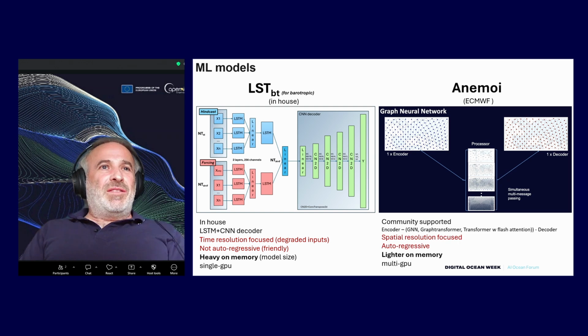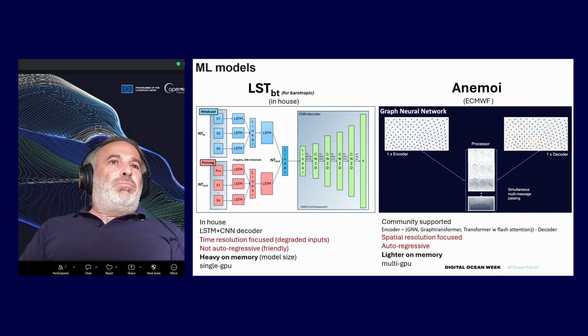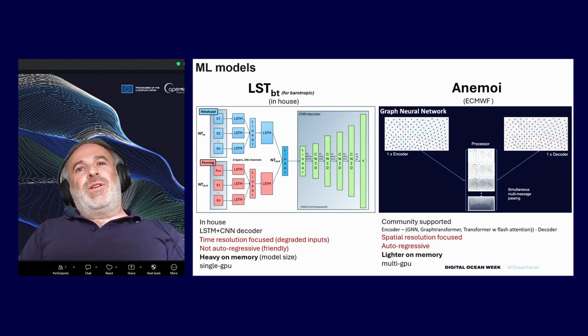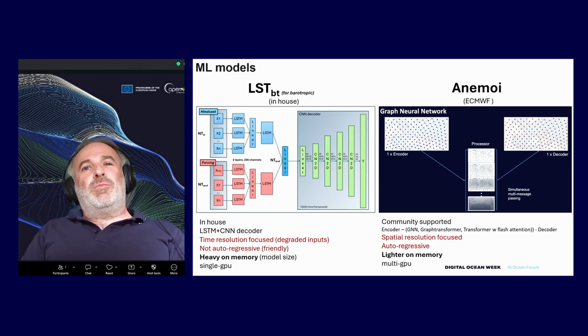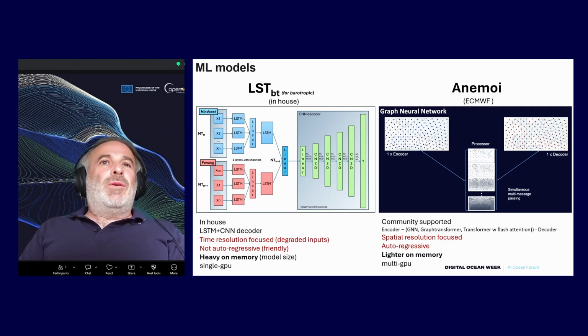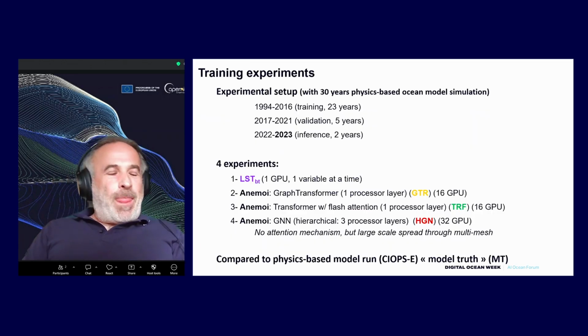Just the basic difference between the two is that the one on the left is more time resolution focused, and the one on the right is more spatial resolution focused. And of course, it's much more powerful because it's community supported and it has a large team working on it.